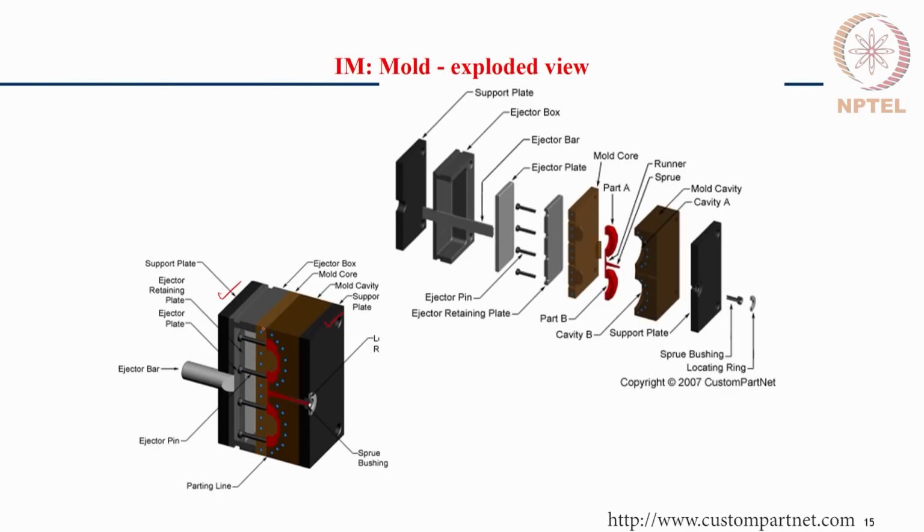The surface that divides the two molds is called the parting line or the parting surface, and on the injection side we have a sprue hole for filling the material, and these are the ejector pins which are used to eject the component once the injection molding is completed.